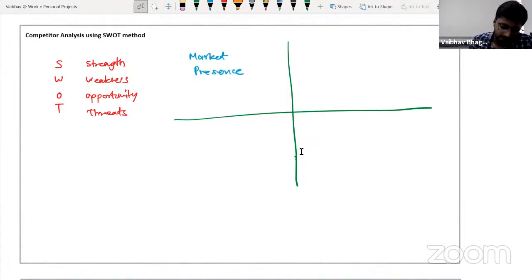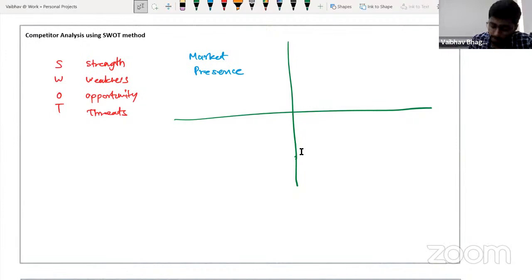Okay, but the application which is made by the competitor might not be that user friendly, or the UI is not that good, so that people are not able to use it very properly, or the notifications or the reminders are not that great.